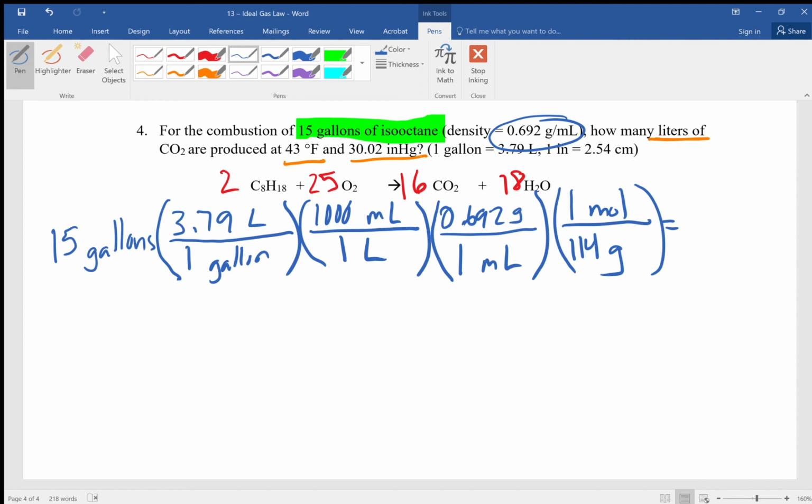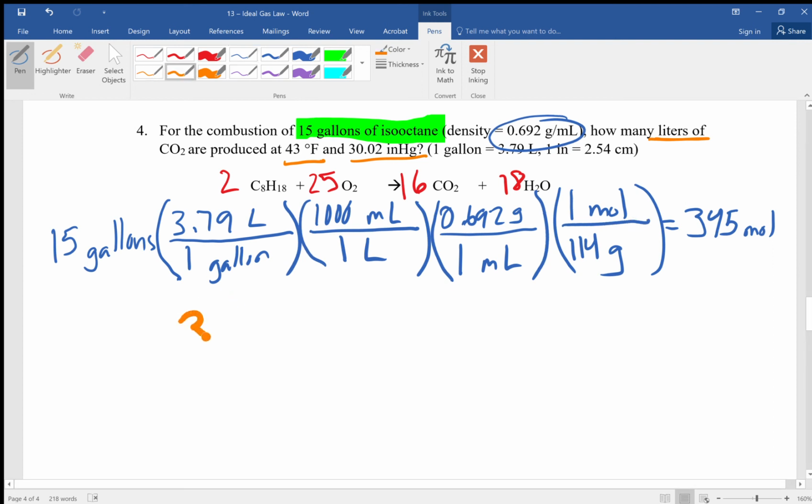All right, so we've balanced our equation, and then we found that 15 gallons of isooctane are equivalent to 345 moles. Now we're going to use our coefficients to go from moles of starting material to moles of product. And we get that from our coefficients.